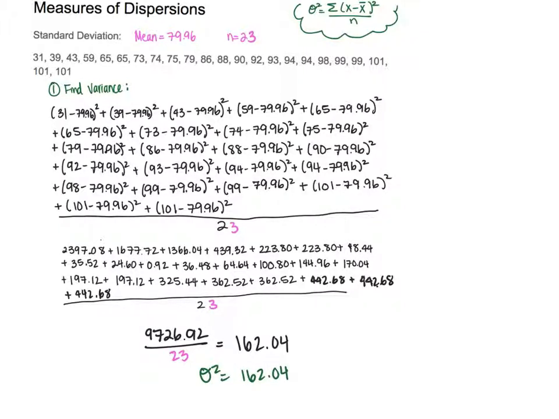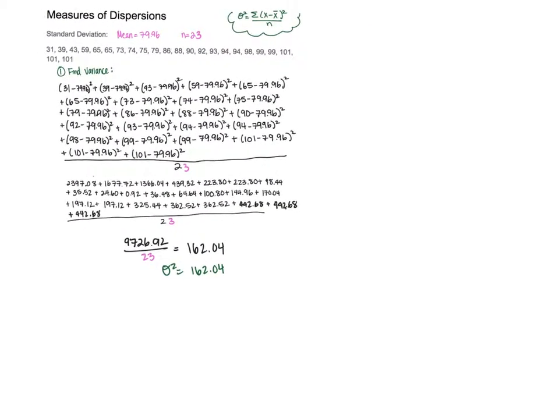However, the variance is not really that significant to me. I have to find the standard deviation. So step 2, find standard deviation. So to do that, that's taking the square root of the variance. So the variance here is 162.04.